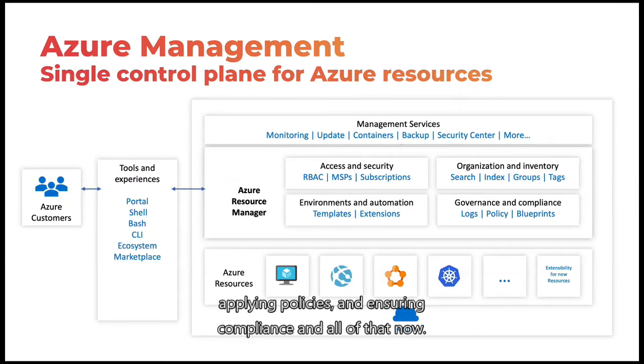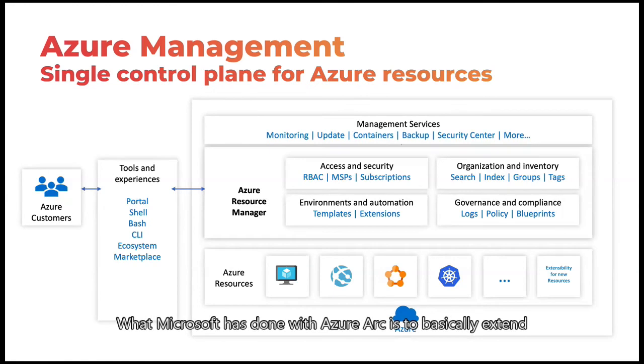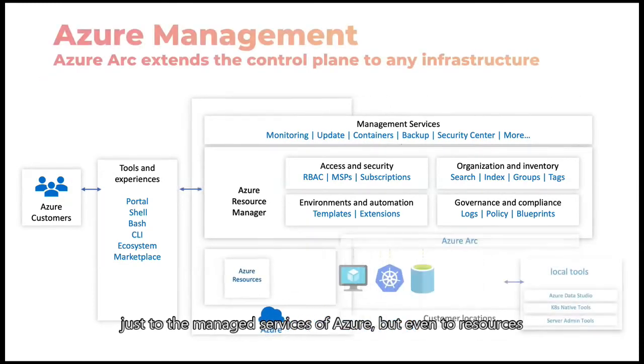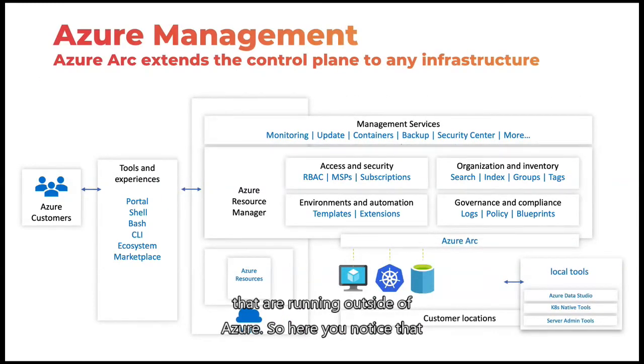Now, what Microsoft has done with Azure Arc is to extend the capabilities and power of ARM, Azure Resource Manager, not just to the managed services of Azure, but even to resources that are running outside of Azure.